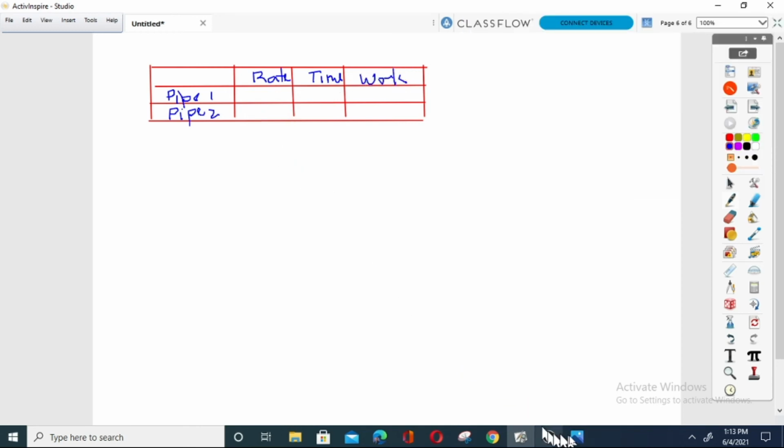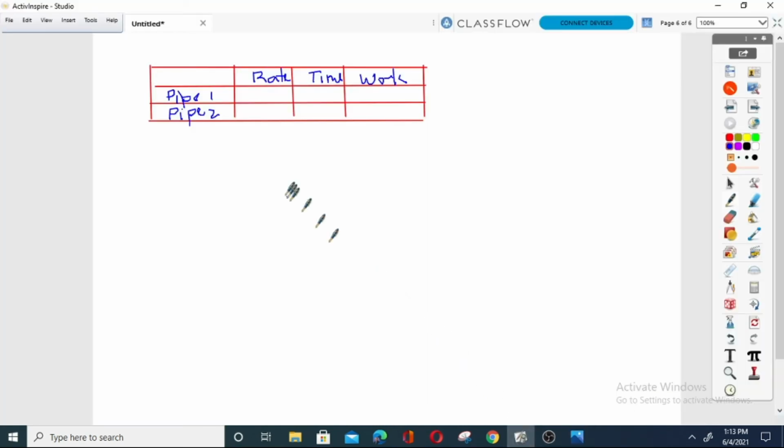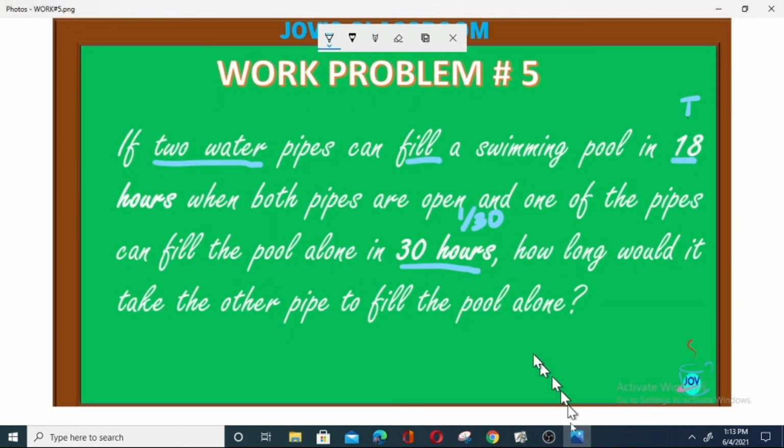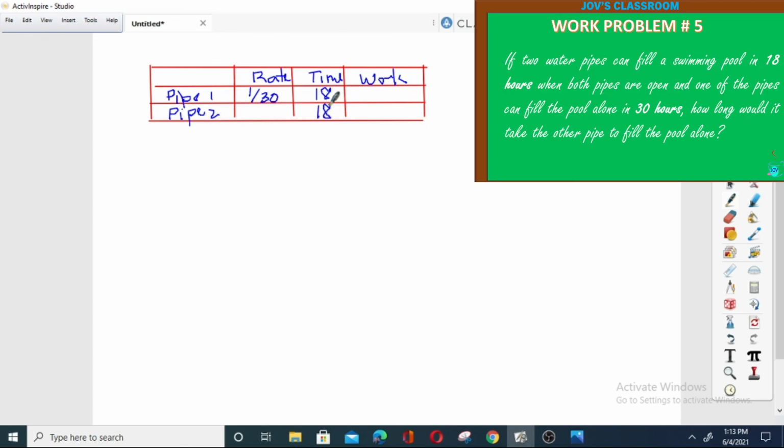So the rate of the first pipe, let's say this is pipe number 1, is 1/30 and their time is 18 hours. Both pipes are open in 18 hours at the same time.